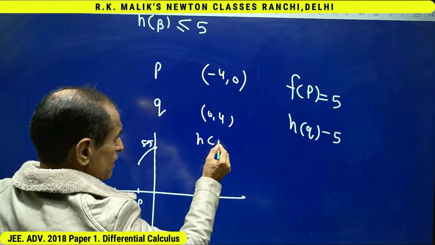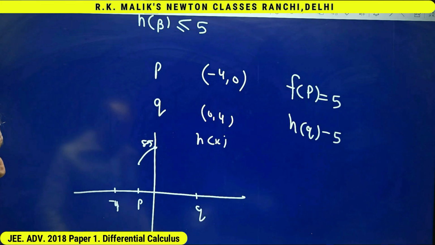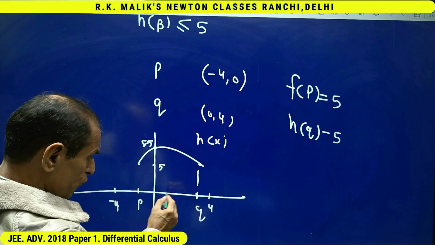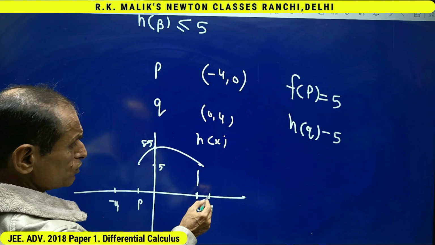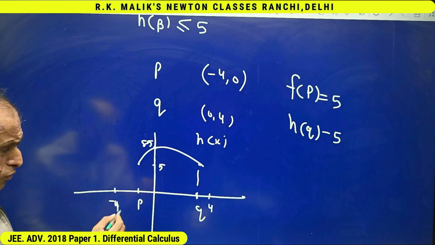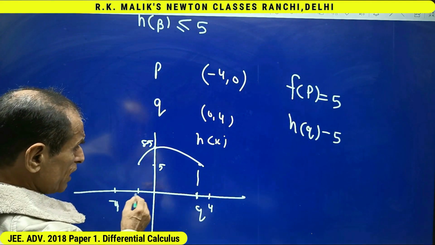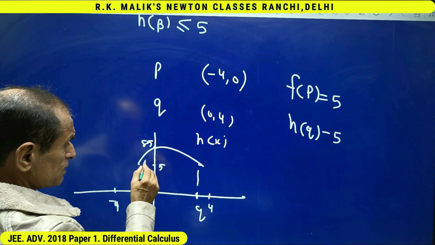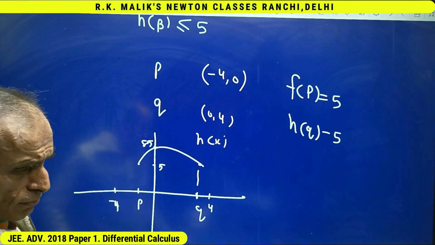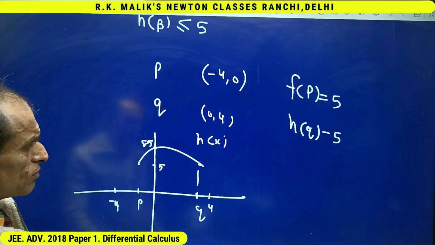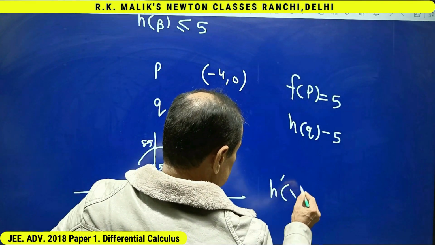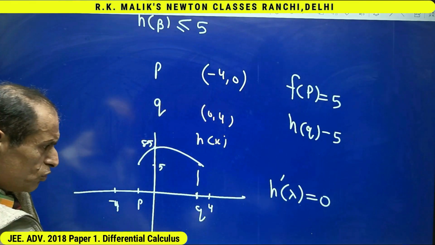This is the graph of h(x) I am going to draw, and this is 4, and Q is the first number while going from 0 to 4 when it has attained the height 5. That is, I mean to say, between P and Q, the height of h(x) is always 5 or more. Then according to Rolle's theorem, there is at least one number lambda such that h dash lambda is 0.